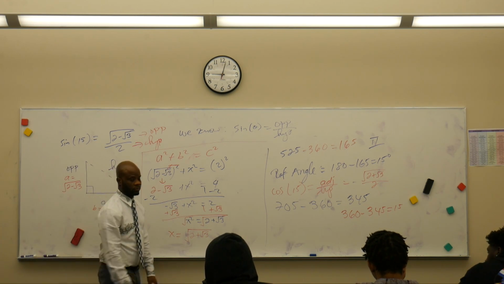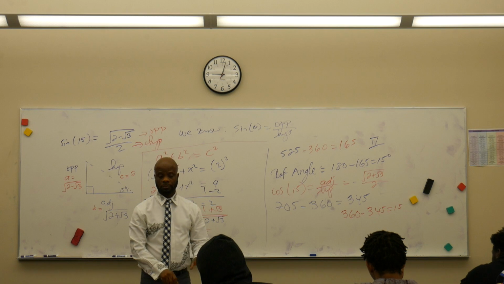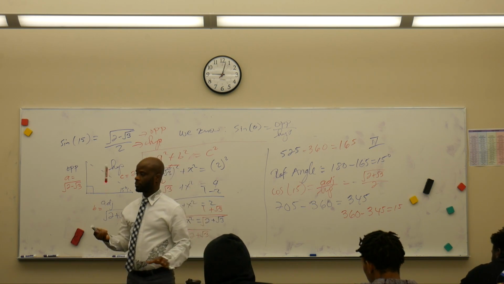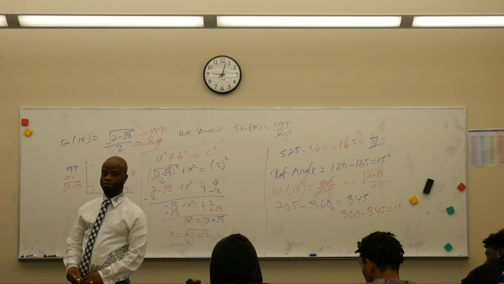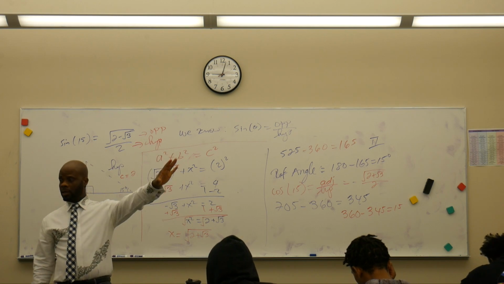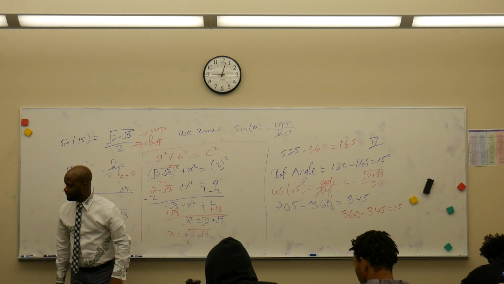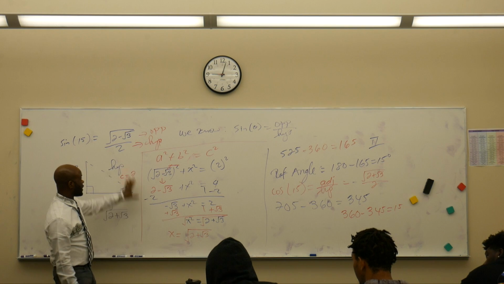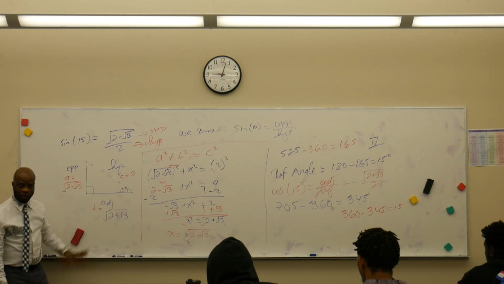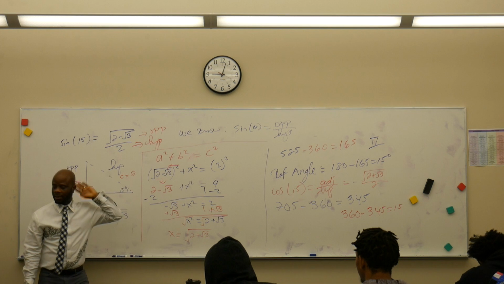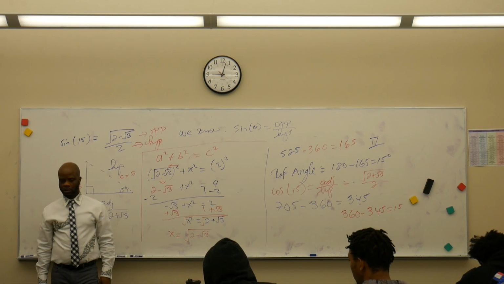There you go. Questions? Because you will be expected to fill in the table like that: give it something, draw a triangle, find the missing side, and then just do your thing.